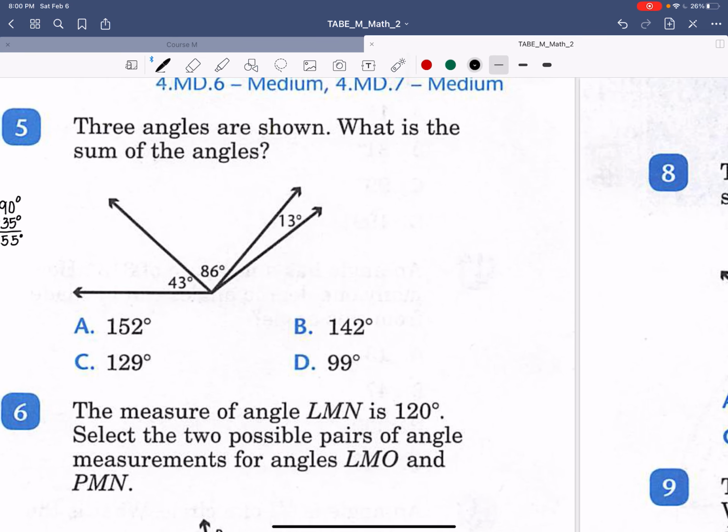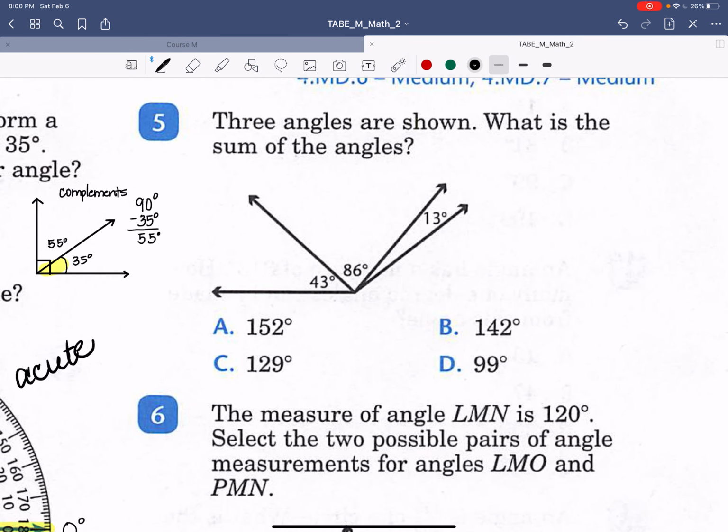Number 5, 3 angles are shown. What is the sum of the angles? So again, we have addition. We've got 43, 86, and 13. So I have 2 acute angles and 1 obtuse angle.